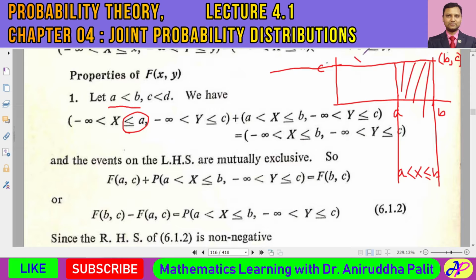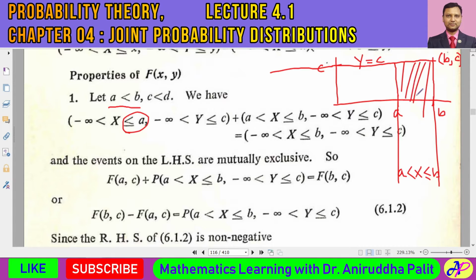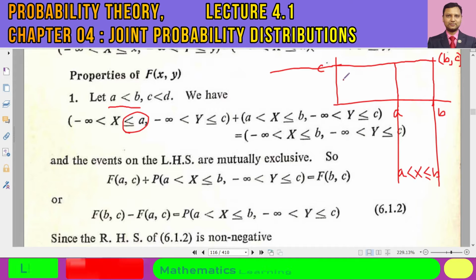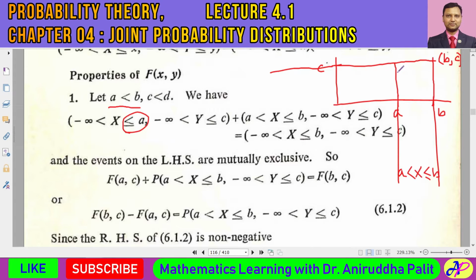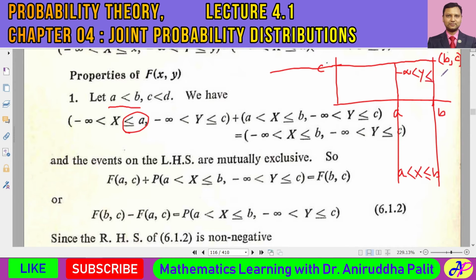We should write capital Y is equal to c. So this is the zone below capital Y is equal to c, and that will be designated by the inequality minus infinity less than y less than or equal to c.